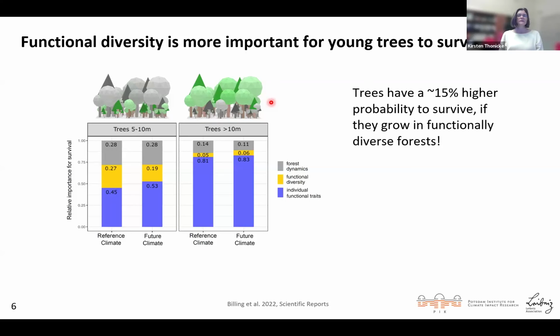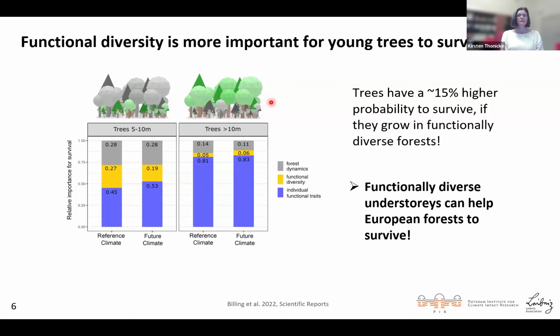So trees have a 15% higher probability to survive if they grow in a functionally diverse forest. We found that quite interesting because it means that functionally diverse understories can help European forests to survive. So this sounds more like a very theoretical study with natural forest and not considering the forestry history like Tom Pugh was showing.